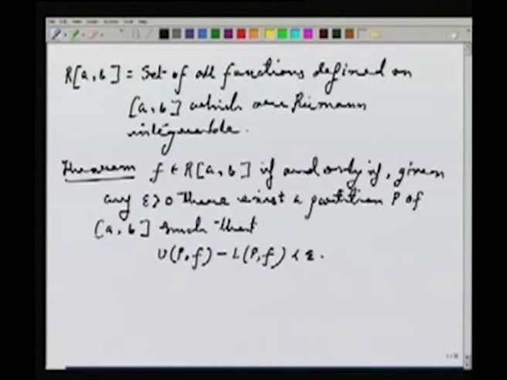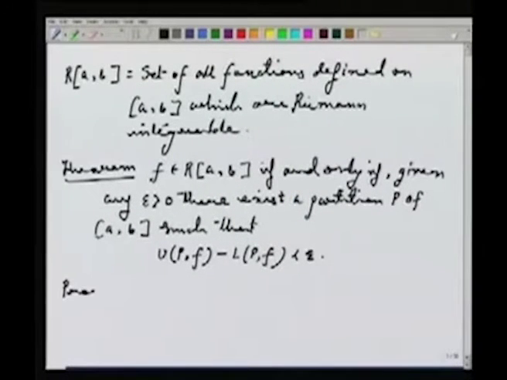So the criteria is, given any epsilon bigger than 0, one can find a partition P such that corresponding to that partition P, if I look at U(P,f) and L(P,f), then the difference between those two numbers is less than epsilon. We will see that it satisfies the criteria of being necessary and sufficient for Riemann integrability of a function.